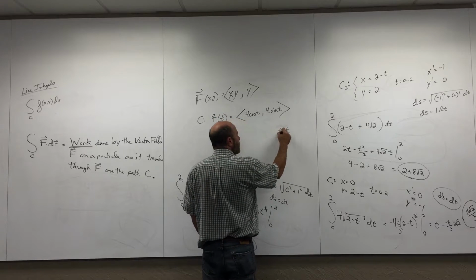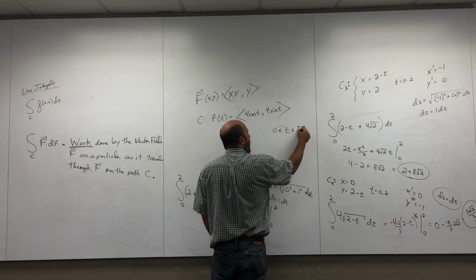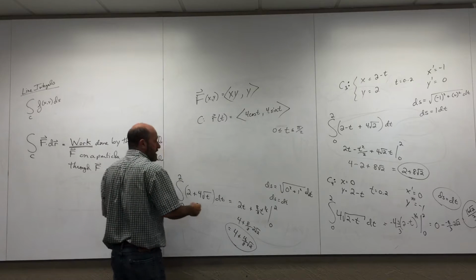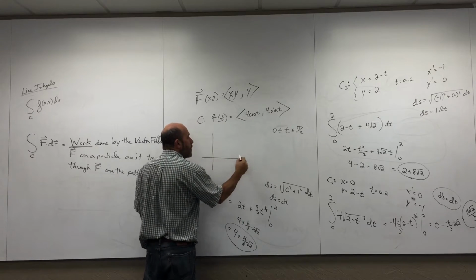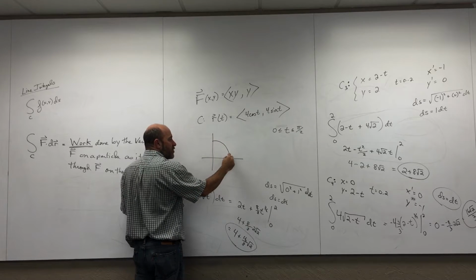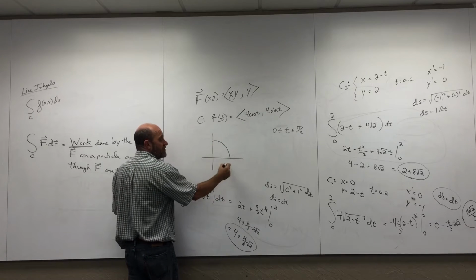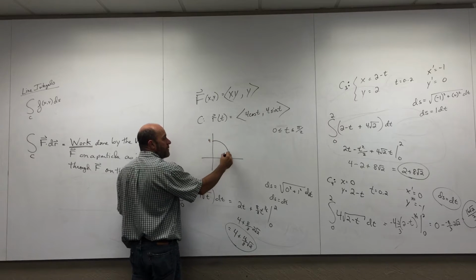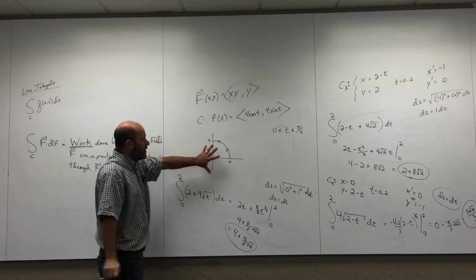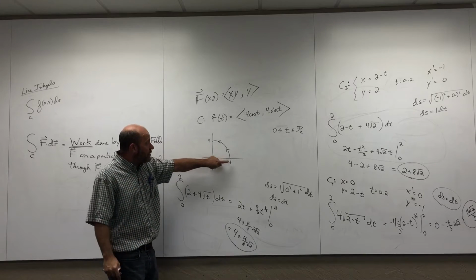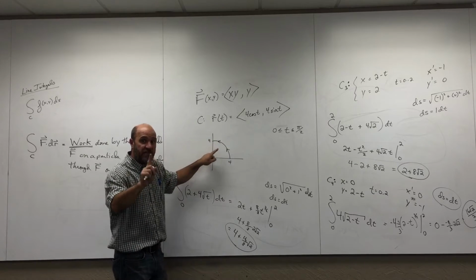Maybe a better way for me to talk, I would have liked to give you the picture of this. Maybe I would have said, this is a quarter of a circle of radius 4 that goes from here to here. If I told you this was the curve, it'd be your job to say, that's a circle. If it's a circle, I should parameterize it.